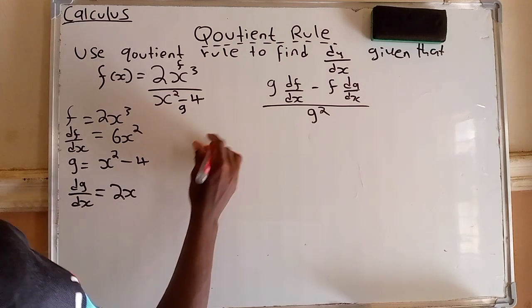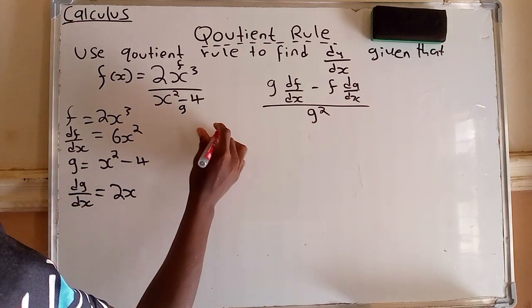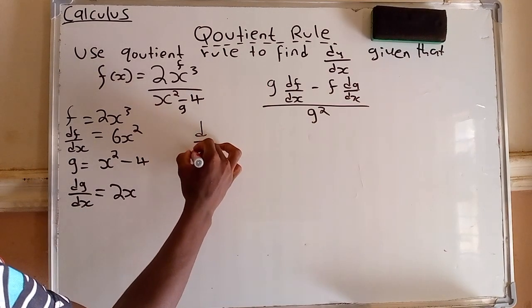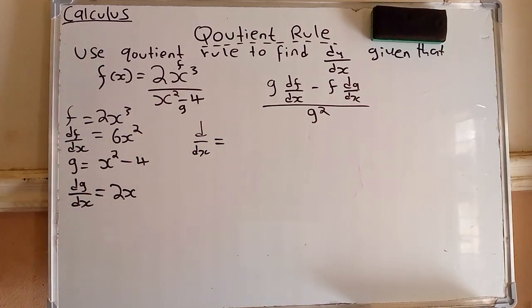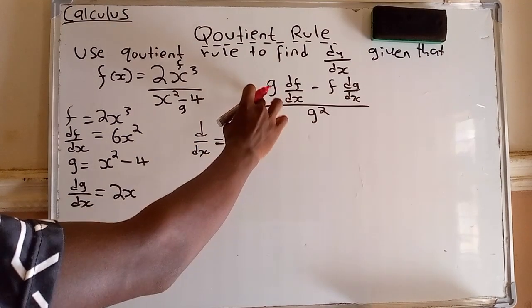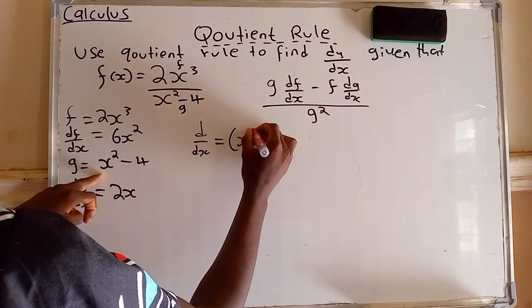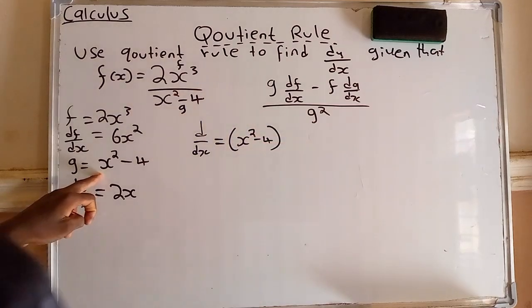What is the value of g? We know that g is x squared minus 4.